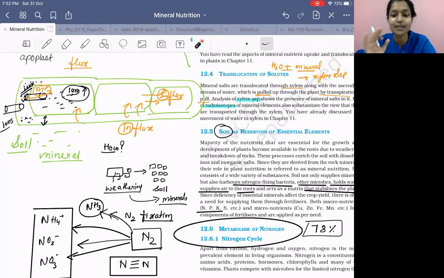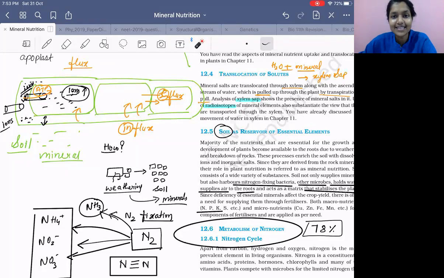It stabilizes the plant, gives bacteria, gives microbe, gives water, gives air, gives mineral, gives everything whatever it can, right? So that is soil, which is a reservoir of essential element. Soil is the go-to person. For whom? For the plant. Whenever plant is in trouble, soil helps them. Cool? Yes?